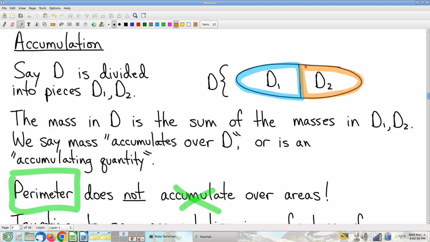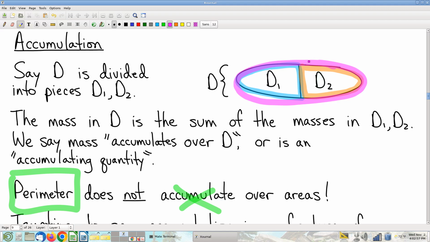Is the left perimeter plus the right perimeter equal to the perimeter of the whole? Is blue plus orange equal to purple here? No, of course not. Look, you made perimeter when you drew this little line here. Right? So it's just not. Perimeter is not an accumulating quantity. It does not have this chop it up, add it up feature. It just doesn't work.